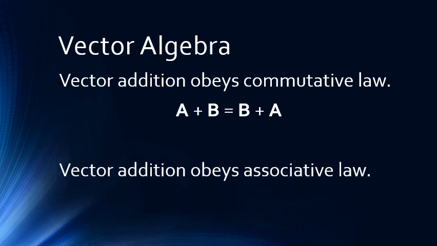Then it also obeys the associative law, which is the same as yung alam nating associative law before. That is, A plus the sum of B plus C is equal to the sum of A plus B plus C, where A, B, and C are all vectors.